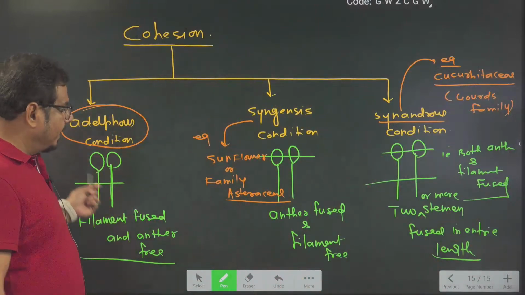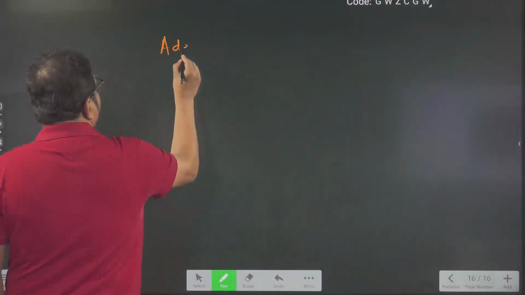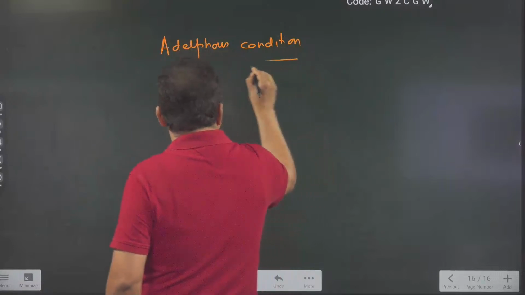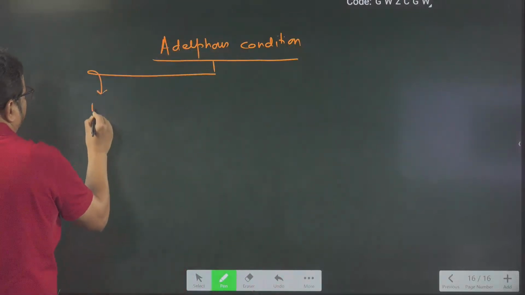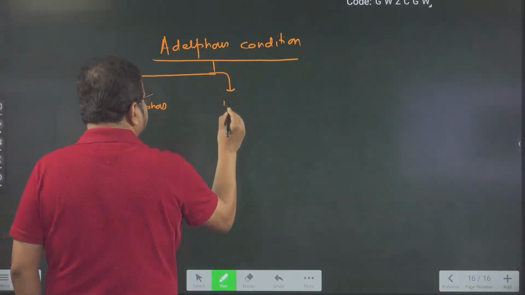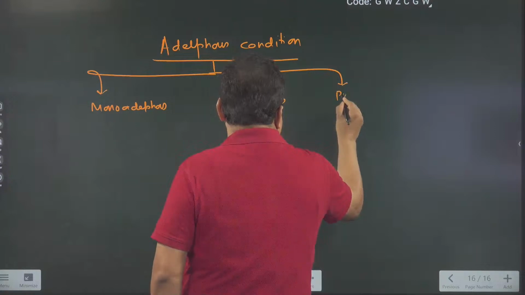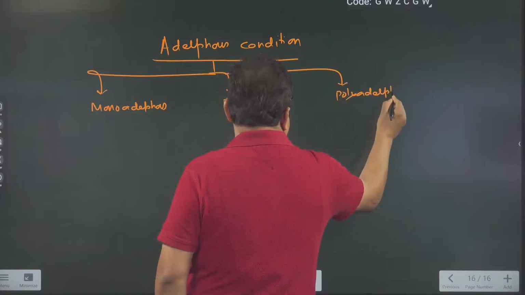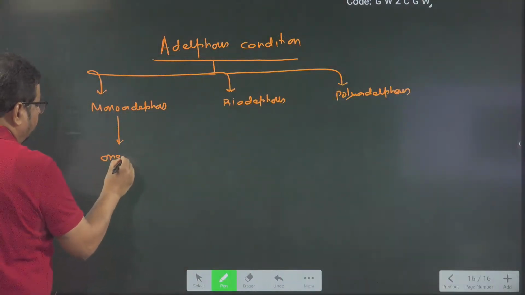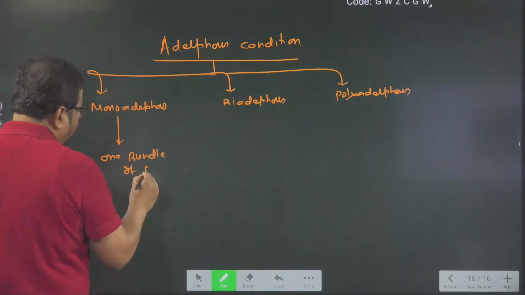Adelphous condition is further classified into monoadelphous, diadelphous, and polyadelphous. In monoadelphous, what you will find? One bundle of filaments.